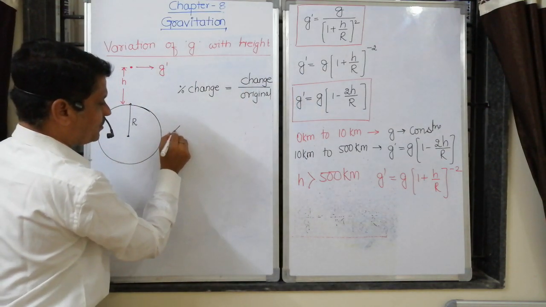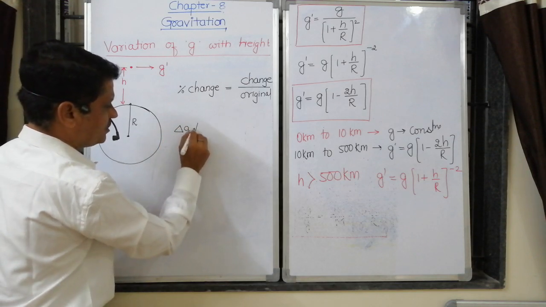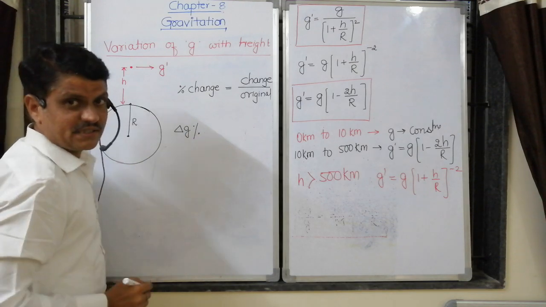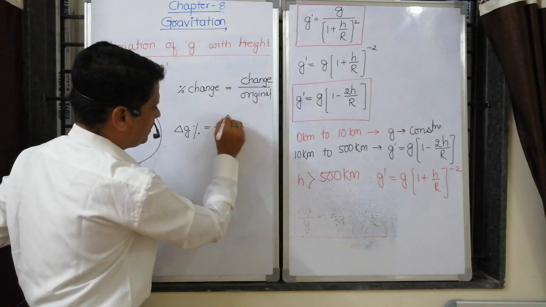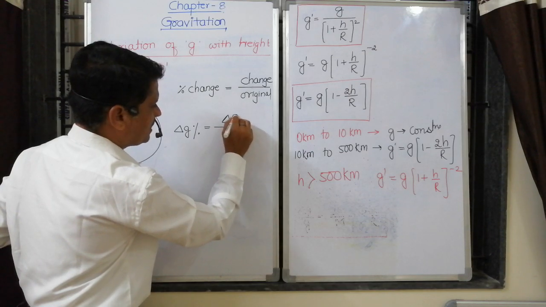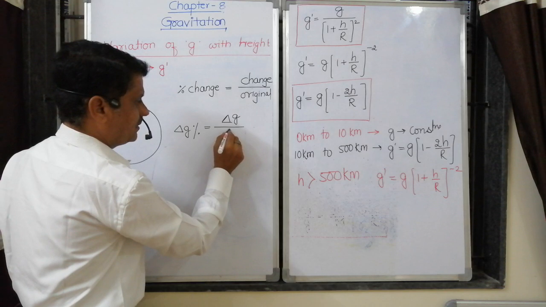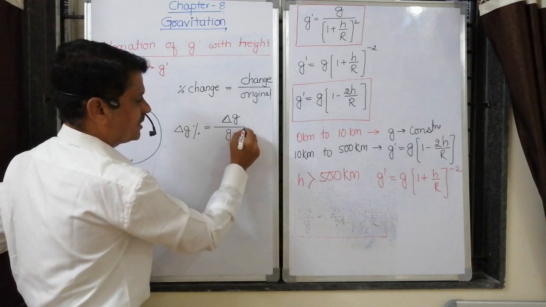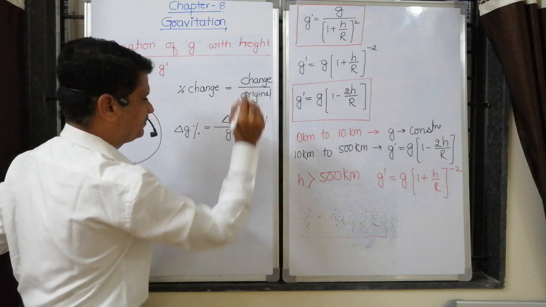Today I am calculating percentage change in g. This percentage change in g is equal to change in g. Change means, remember, it is a final value minus initial value divided by original g into 100%.